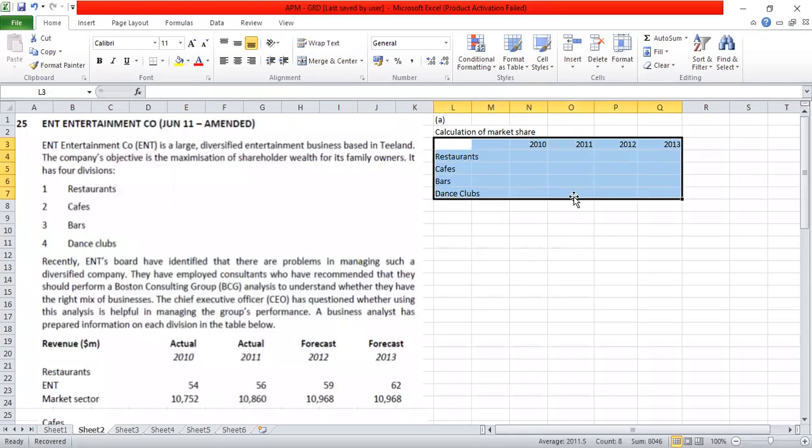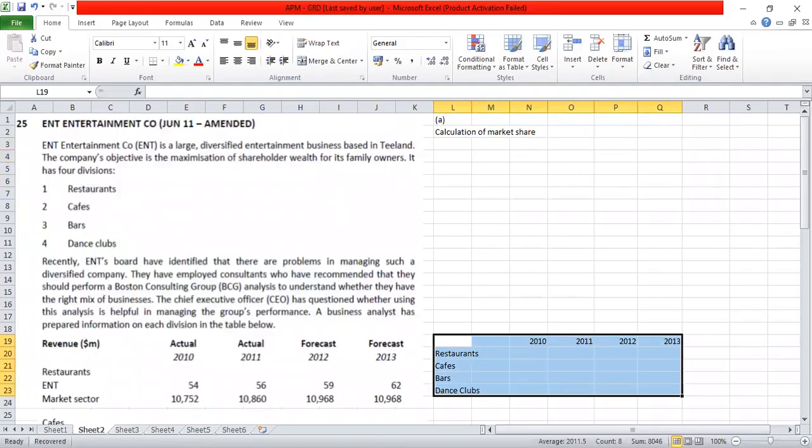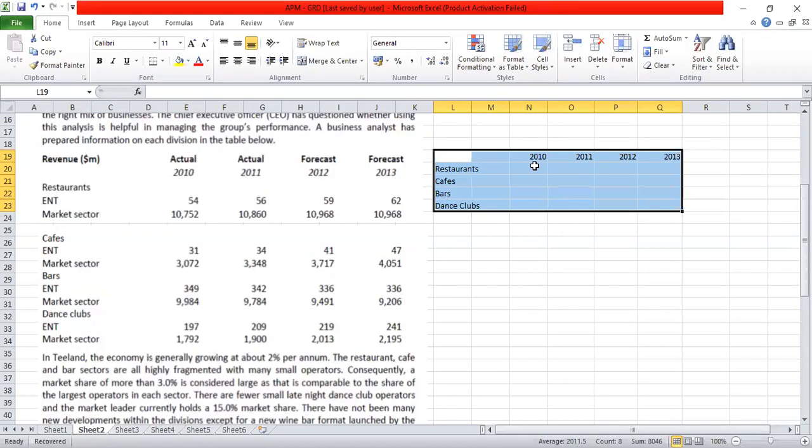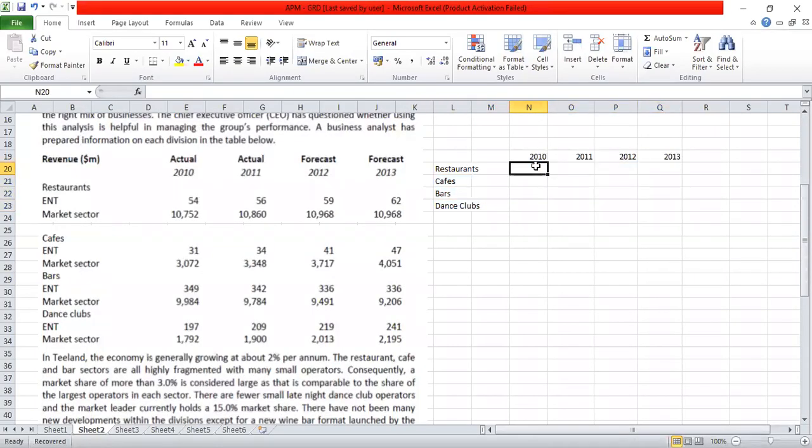The data is down. I'll just drag it and then we can put it up again. Here, if this is 100%, 54 is what percentage? So it would go like this.